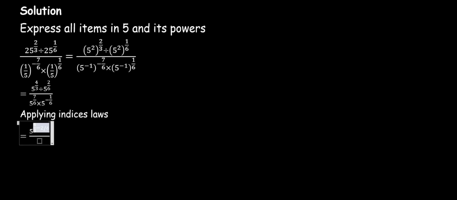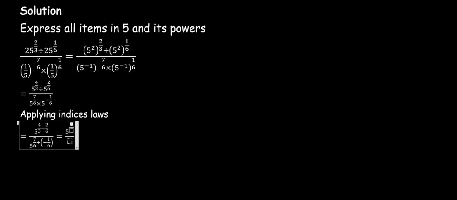Then the denominator. It will be 5 raised to power 7 over 6 plus, because it is multiplication, that's why we introduce the plus there. But remember, the power of the other 5 is minus 1 over 6, so we introduce a bracket to safeguard it. Bracket open minus 1 over 6. We do our simple fractional operation in the powers. That will be equal to 5 raised to power, at the numerator, 8 minus 2 over 6.